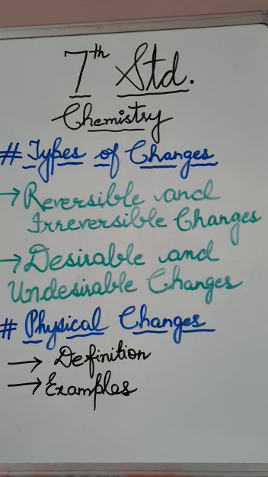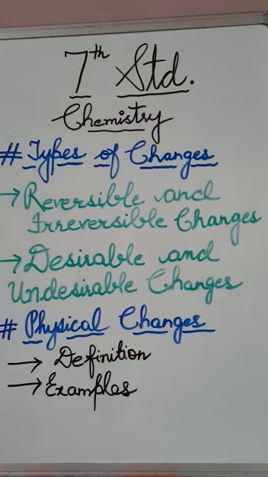It's better. A change is said to be reversible when the opposite change can be brought about by reversing the conditions. Like ice melts on being heated. Here the condition is heat, and its reverse will be cooling.